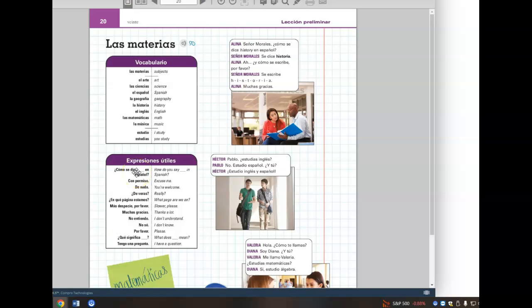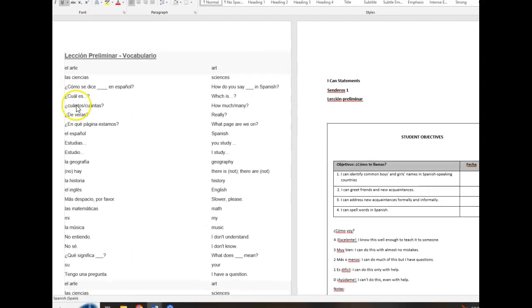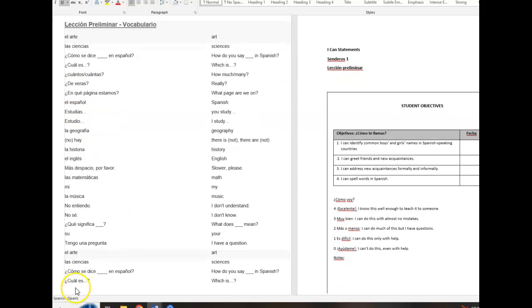And I actually have a handout that I'll give you guys that has all of that organized, and that's right here. Useful expressions, and then your different classes.